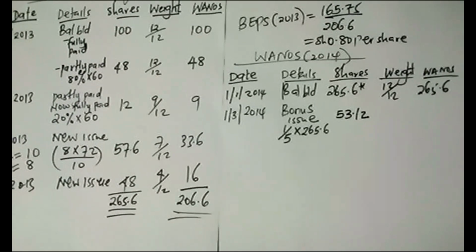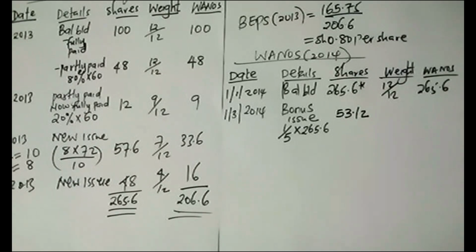Remember that when I was introducing bonus at the start of the topic, I said that the shares which are issued through bonus, you weigh them from the earliest reported period. This bonus is based on the shares which were there from January, so you weigh them from January.